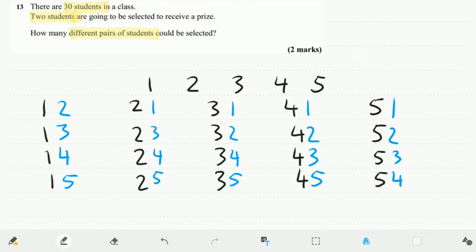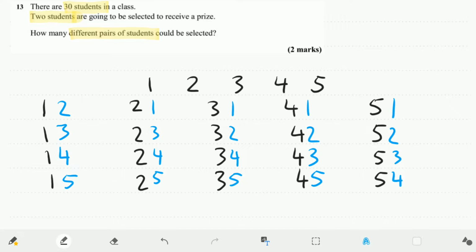All right, so over here we can see that there are altogether 4 by 5, so that's 20 pairs that are possible. However, the question does say how many different pairs of students could be selected. What that means is, in this case, when we have student 1 and 2 being paired up, that would be the same pair as student 2 and 1 being paired up.